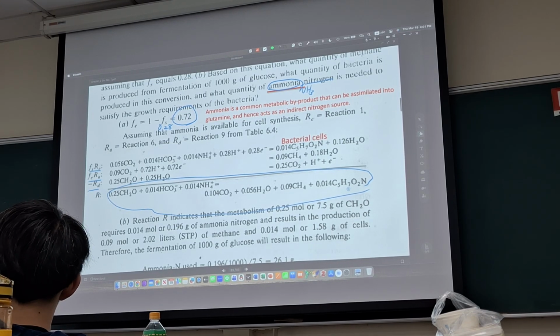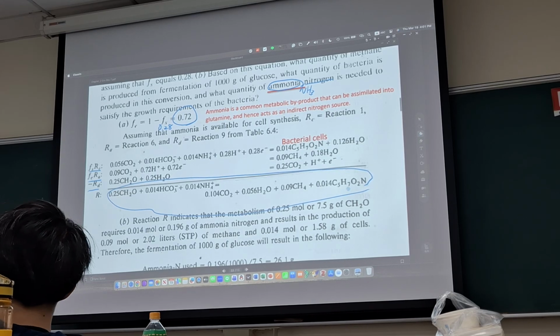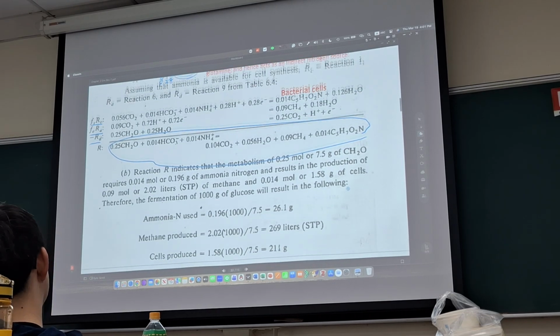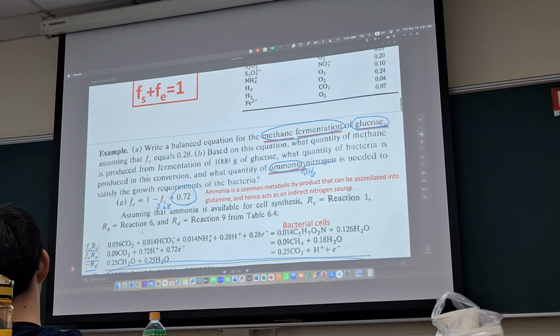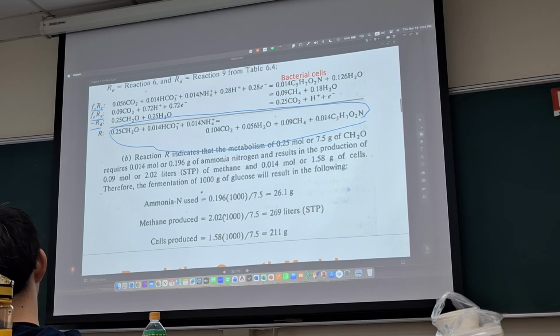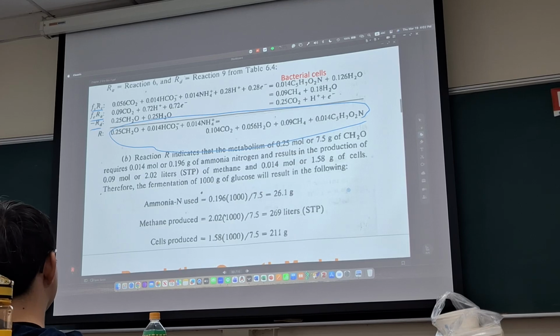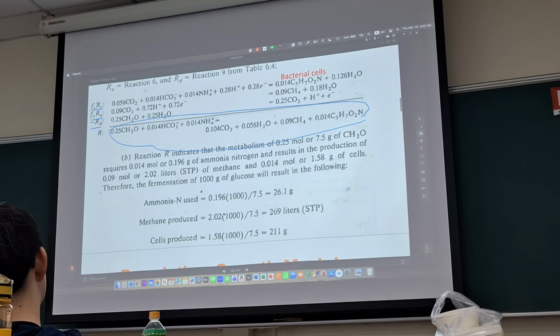Do I have these slides for student learning? The question B asks us to calculate the ammonia nitrogen used.